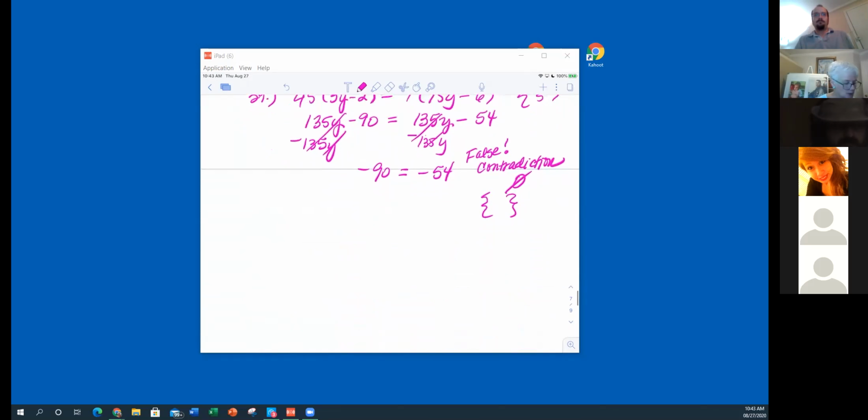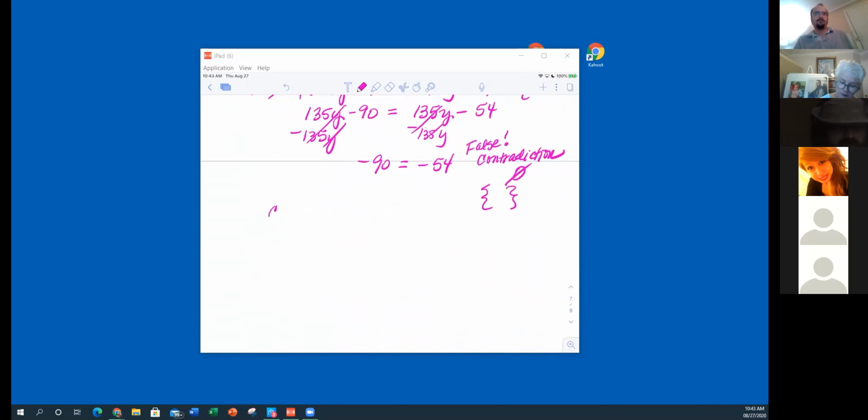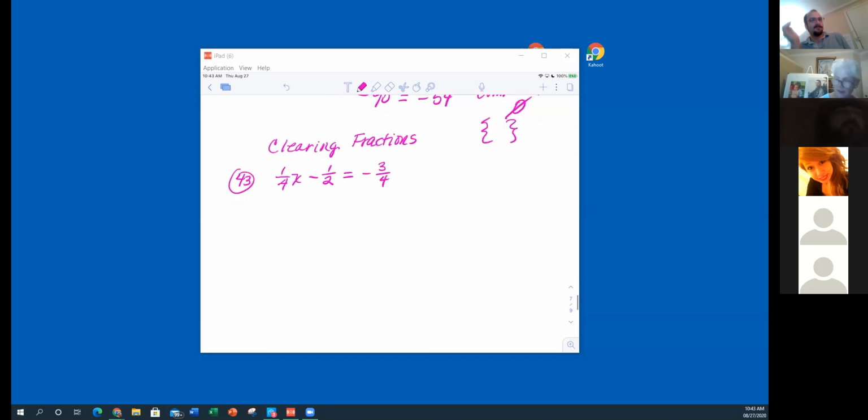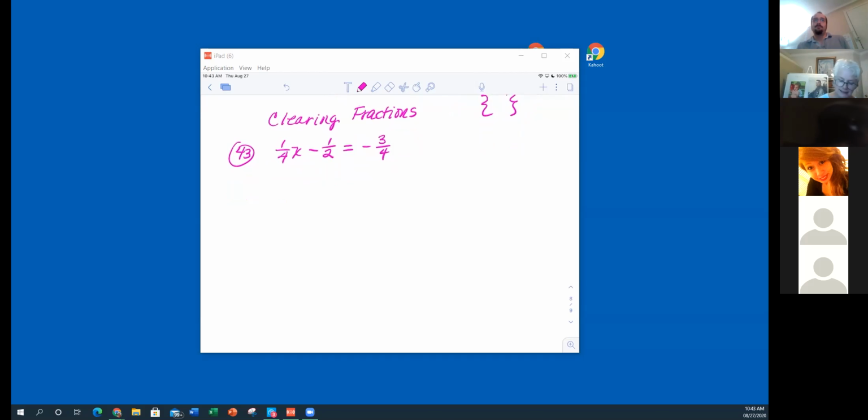All right, so these next problems involve clearing fractions if you want to clear them. Some people do not care. On 43, we have 1/4 x minus 1/2 equals negative 3/4. If you have 1/4 x, that is the same thing as x over 4.